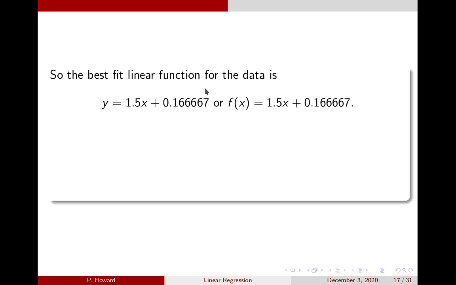So the best linear function for the three data points that we've been looking at for most of these slides is y equals 1.5x plus 0.166667, or f of x equals 1.5x plus 0.166667.